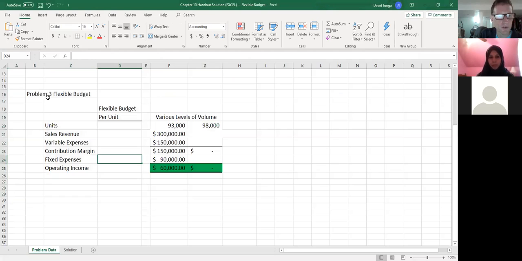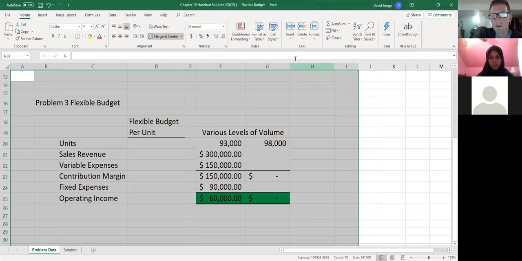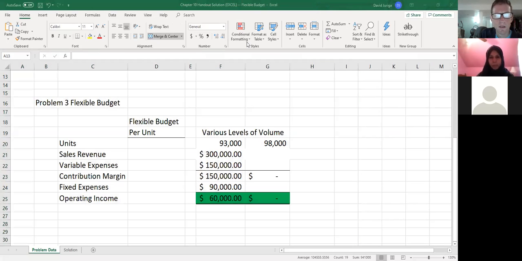All right. So as you can see, I'm going to highlight this. Enlarge this. All right. So you'll notice I created a column called, again, flexible budget per unit. Here's your 93,000 units right there.